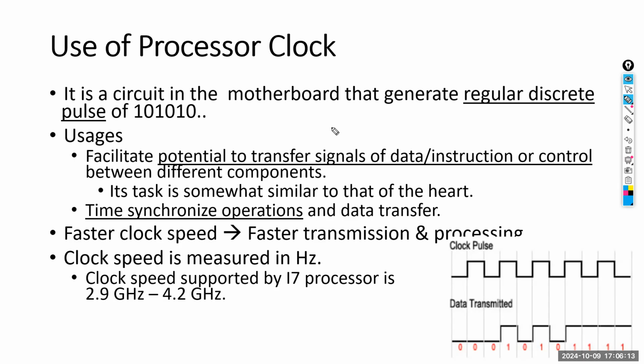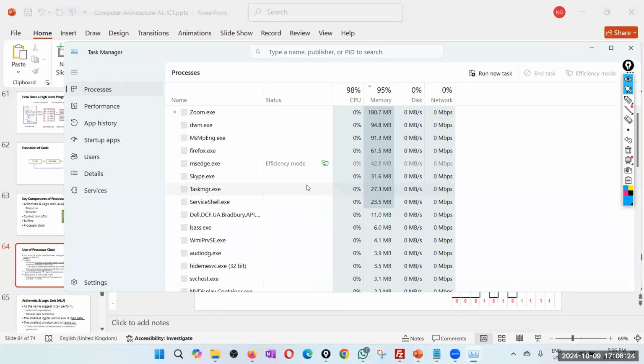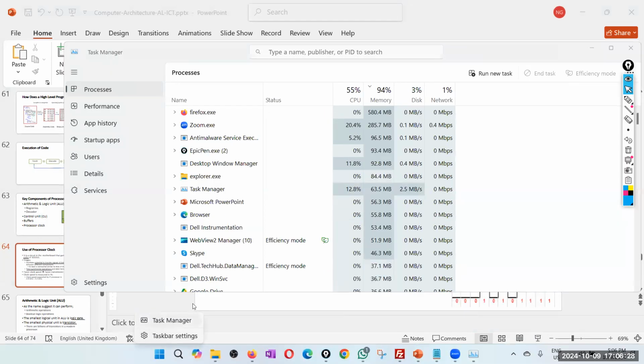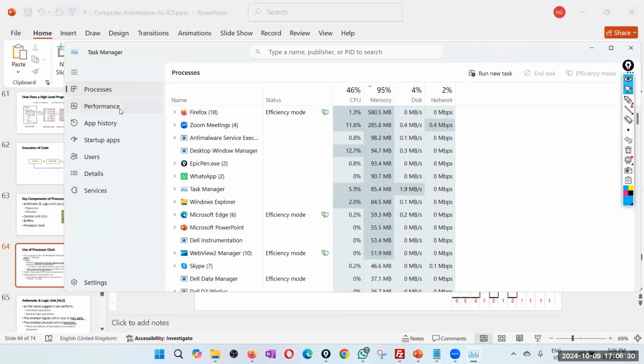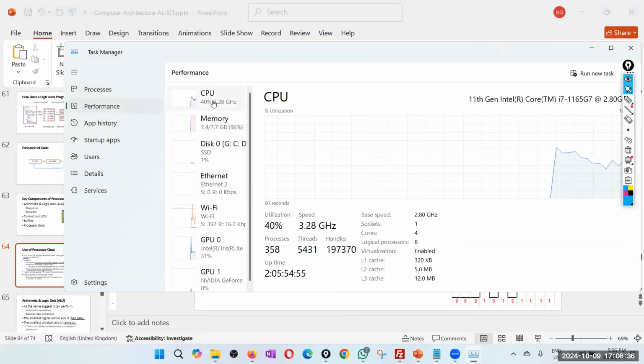Processor clock speed. For example, in my computer, if I go to the task manager, you can check what is your processor clock speed also. Right click in your taskbar and select task manager. Then go to performance and then go to CPU.